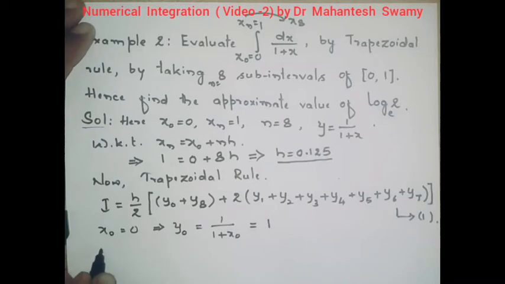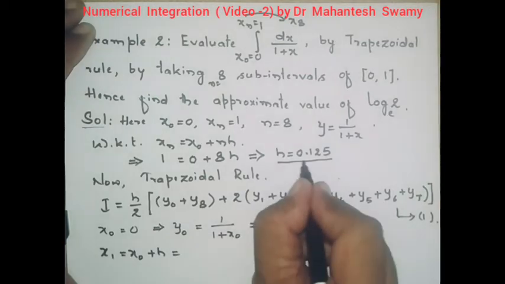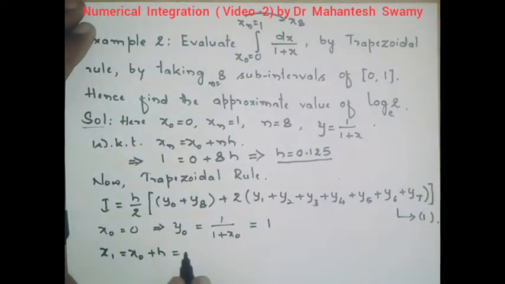Similarly, x1 is x0 plus h. It is 0 plus h, and h value is 0.125. Therefore x1 is 0.125 and using that value we can compute y1.